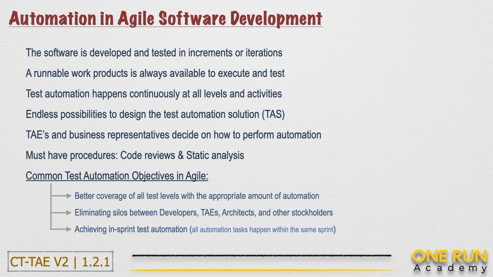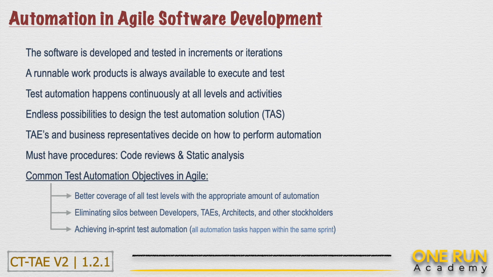So, no surprises and no waiting for the testing or validation phase. So, it keeps the team sprinting forward together. Whether you're building a login feature or an entire app in Agile, automation is right there, keeping up with the pace of the development.